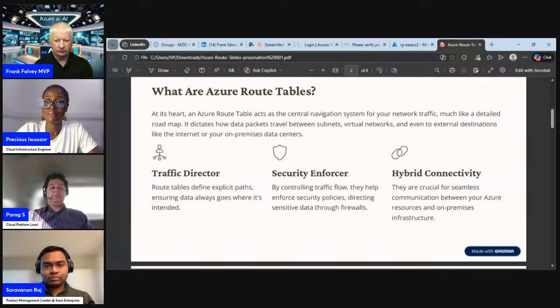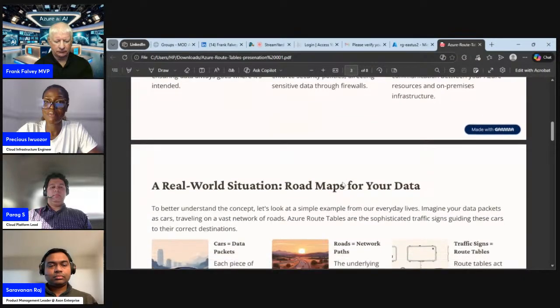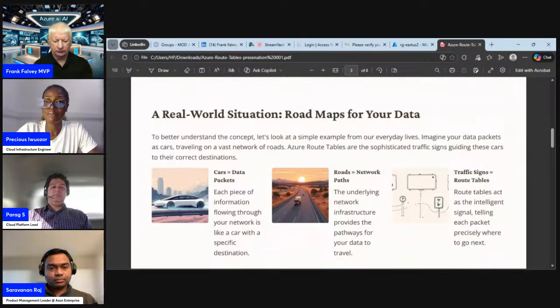And last but not least, I have hybrid connectivity. They are crucial for seamless communication between your Azure resources and on-premises infrastructure.